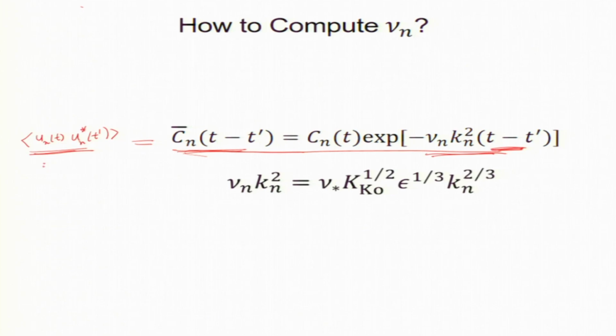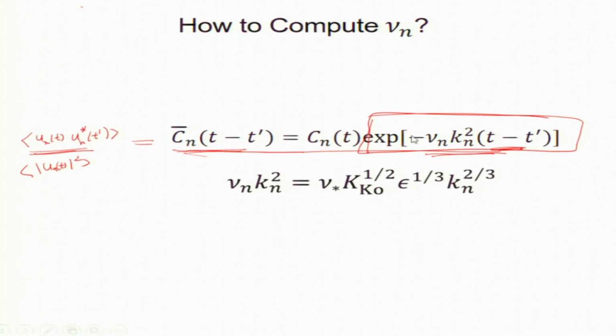In fact, I divide this by u n at t squared. So, this will give me what? This exponential part. I take this unequal time correlation, divide by the equal time correlation, get a time series, and compare it with the exponential.